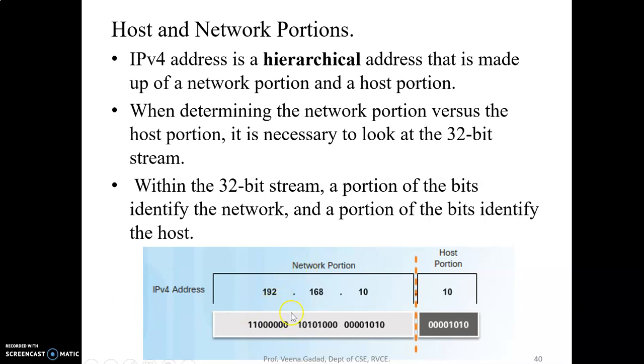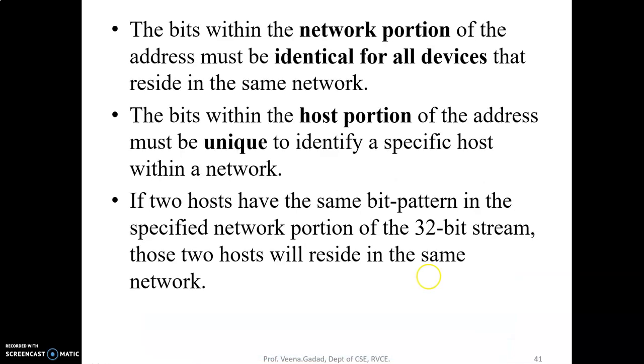So you have 192.168.10 which represents the network part, and the host part is the last 8 bits. The bits within the network portion of the address are identical for all the devices that reside in the same network. The bits within the host portion are unique to identify a specific host within a network.